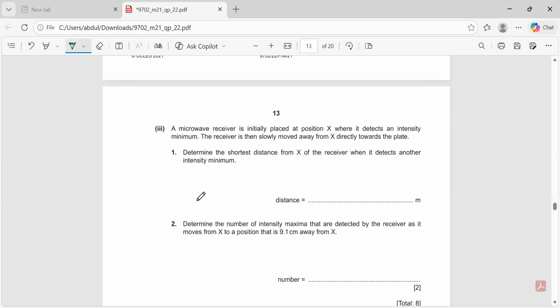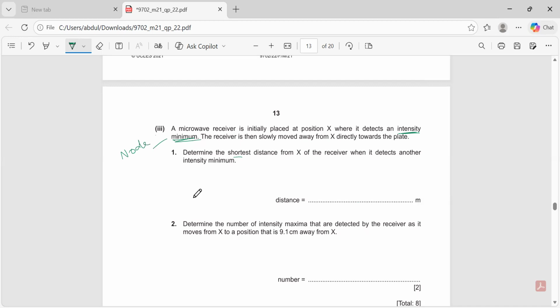This is very simple, by the way. Now quickly. A microwave receiver is initially placed at position X, where it detects an intensity minimum. You know, when it is minimum intensity and it is a stationary wave, it means that this is a node over there.